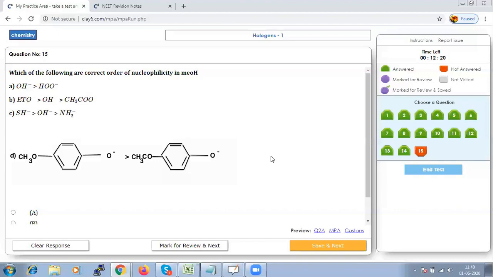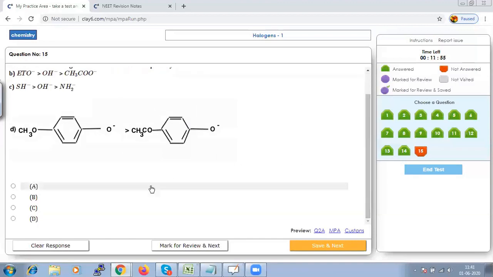Hence, immediately C becomes CH3O minus, which will be more highly resonance stabilized compared to the other structure. Hence, we could say that option D is actually the correct order. Hence, let us mark our option D.